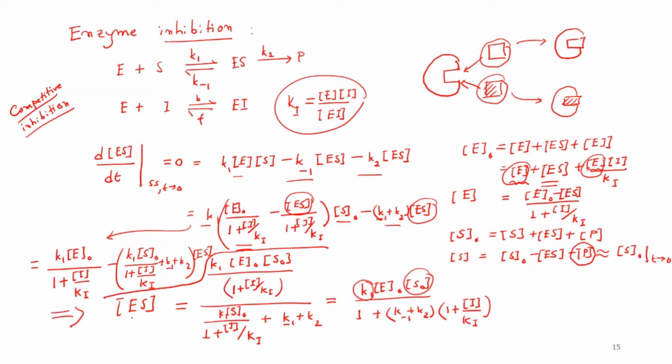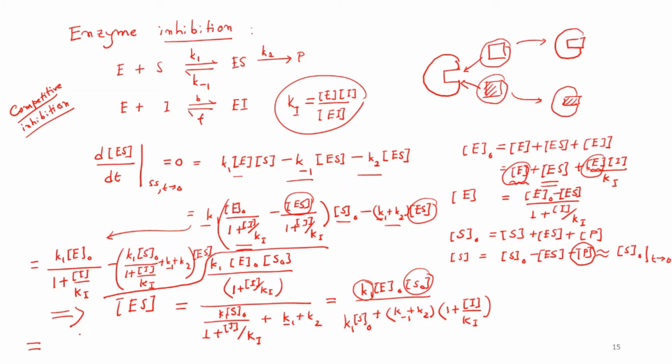So you can divide numerator and denominator by K1 into S0. If you do that, then I'll have here K minus 1 plus K2 by K1. Maybe we can go to the next page and write, or maybe we can write it here. So I'm writing the next step. We'll write it as dividing the numerator and denominator by K1 into S0.